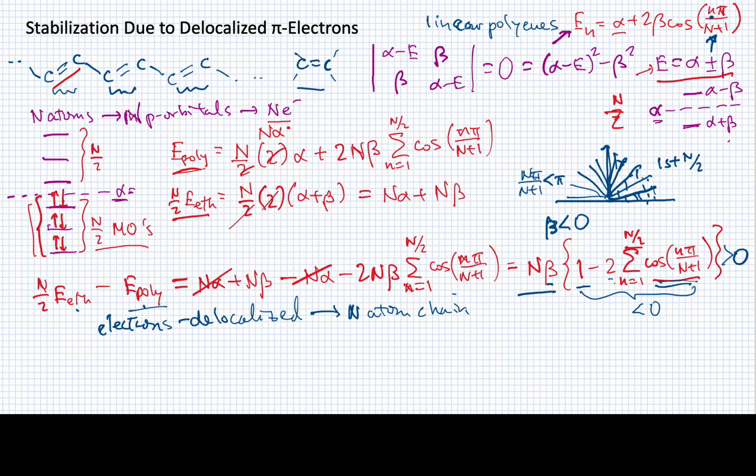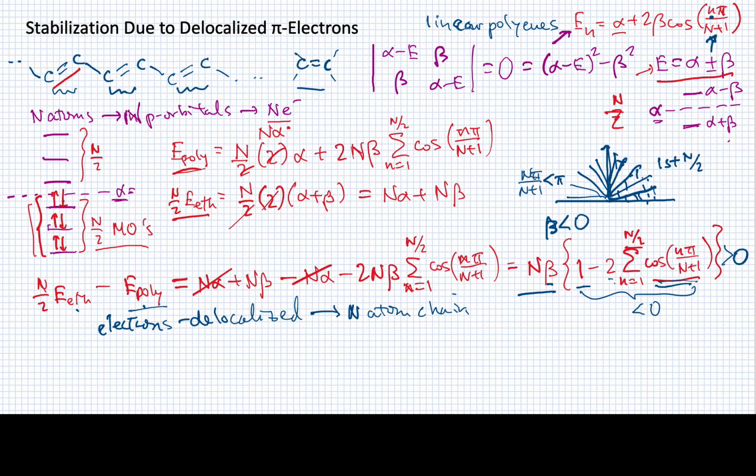All right, now we could also look at the cyclic polyene case, and I can tell you that it's a really interesting case to look at, but I'm going to ask you to look at it in the problem set. An interesting feature there, however, is that the stabilization depends upon the number of carbons in the chain.